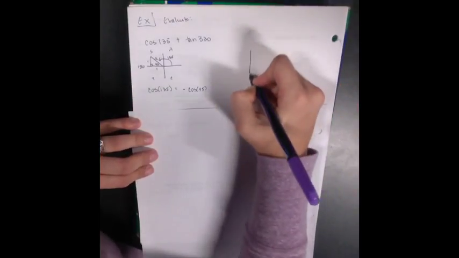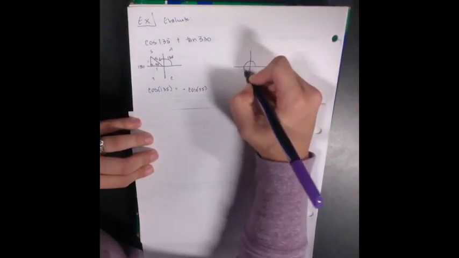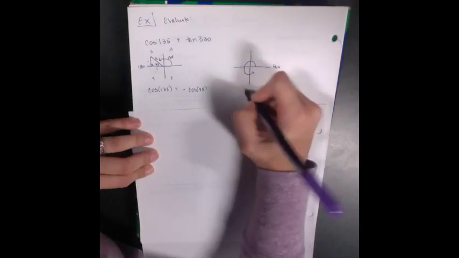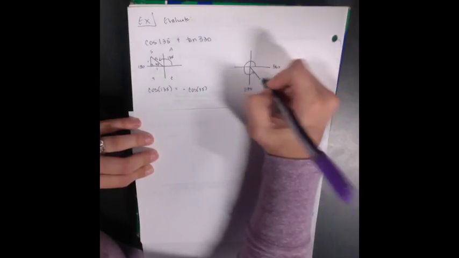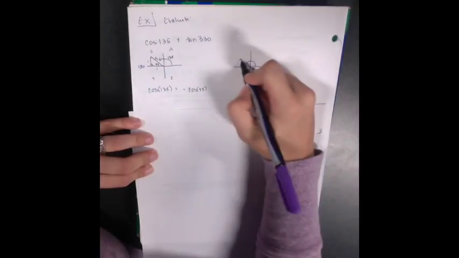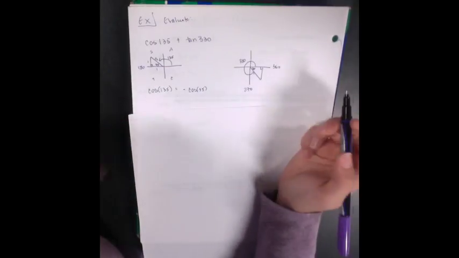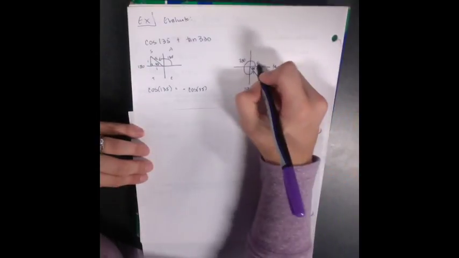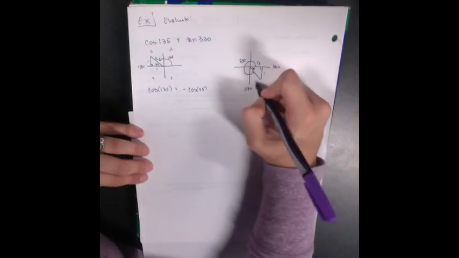Let's look at 330. 330 puts us down here. This is 360, 270. And again, I need to find the angle in between 330 and 360, and it gives me 30, leaving me with my 30, 60, 90 triangle.